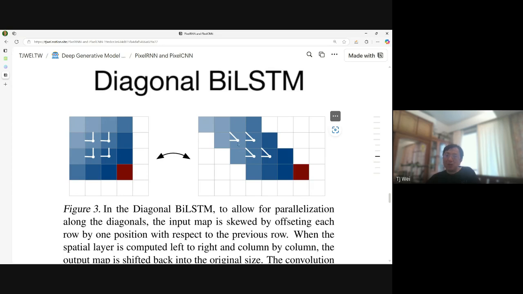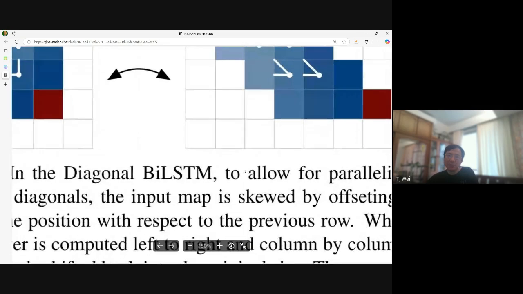So if we just do this skewing and shifting, and we generate it column by column, then there will be no dependency problem, because all of these are dependent on the previous column. So we can actually generate it column by column.